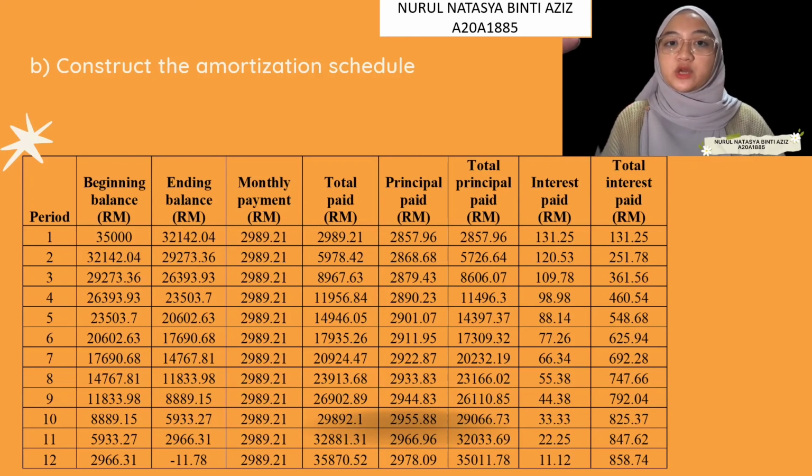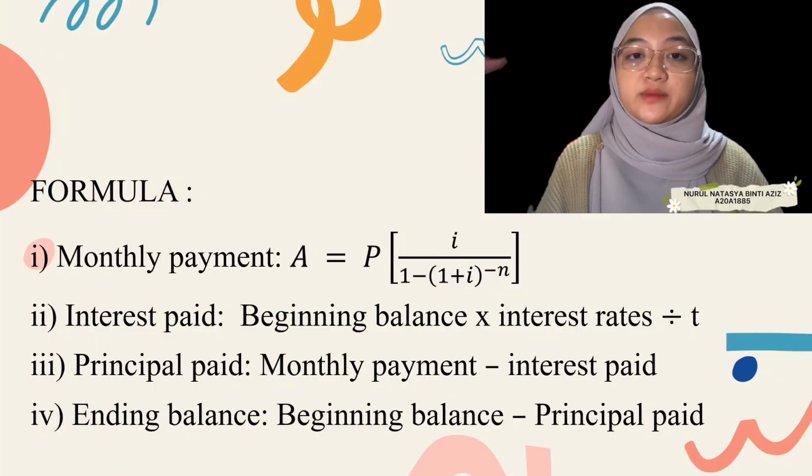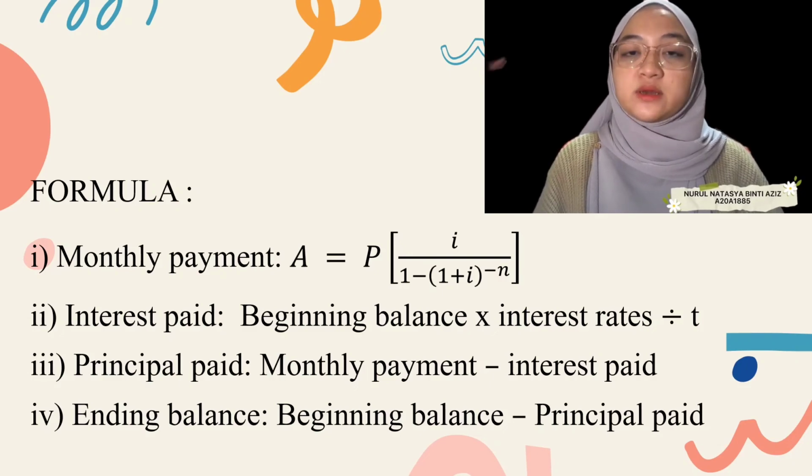Question 4B. Construct the amortization schedule. List the values that we get in this table with Ringgit Malaysia units. For all these answers, we use formulas: for monthly payment, A equals P times (I divided by 1 minus (1 plus I) to the power of minus N), and the answer is 2,989 ringgit and 21 cents.